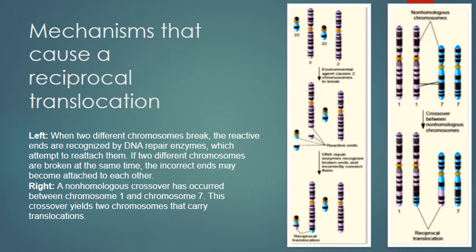This type of rare aberrant event results in a rearrangement of genetic material, though not a change in the total amount of genetic material. The reciprocal translocation we have considered so far is called a balanced translocation because the total amount of genetic material is not altered. Like inversions, balanced translocations usually occur without any phenotypic consequences because the individual has a normal amount of genetic material.